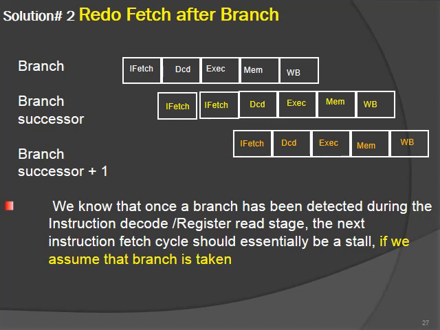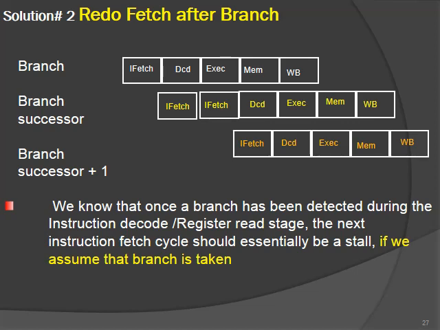The second solution is redo fetch after branch. It means that when the execution of the branch instruction is being done, there is another instruction fetch stage for the next instruction.